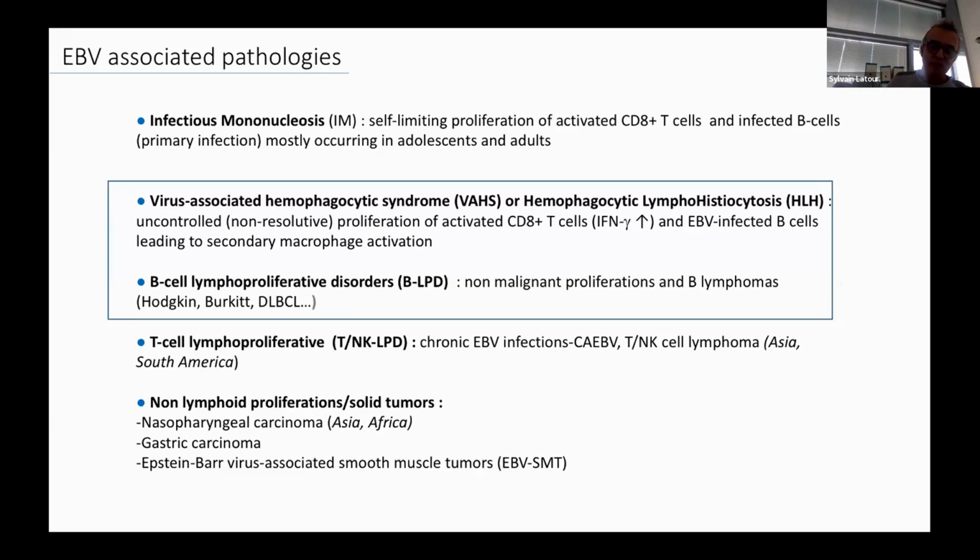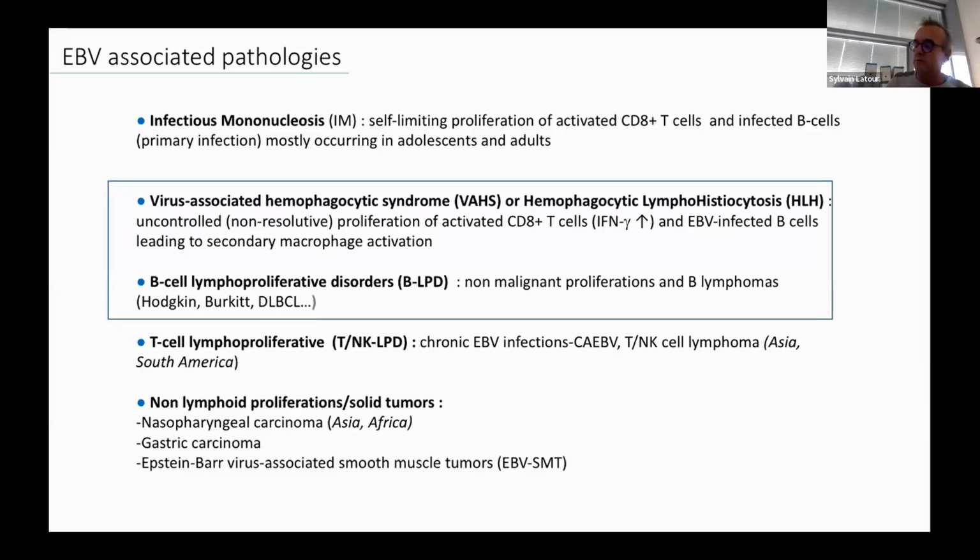So this susceptibility to develop a severe EBV viral disease is often associated with immunodeficiency that can be acquired, like in a patient with transplantation, or HIV-infected individuals, or inherited, like in patients with inborn errors of immunity.